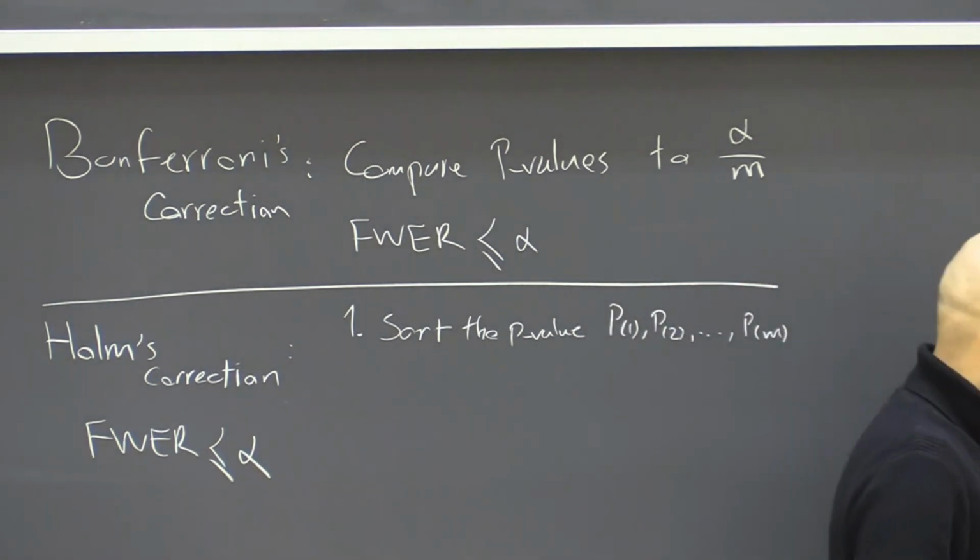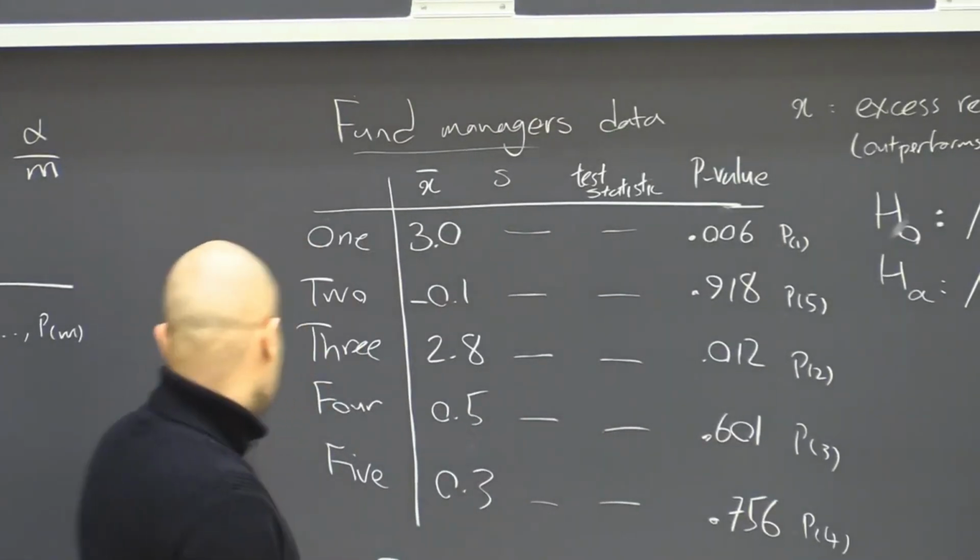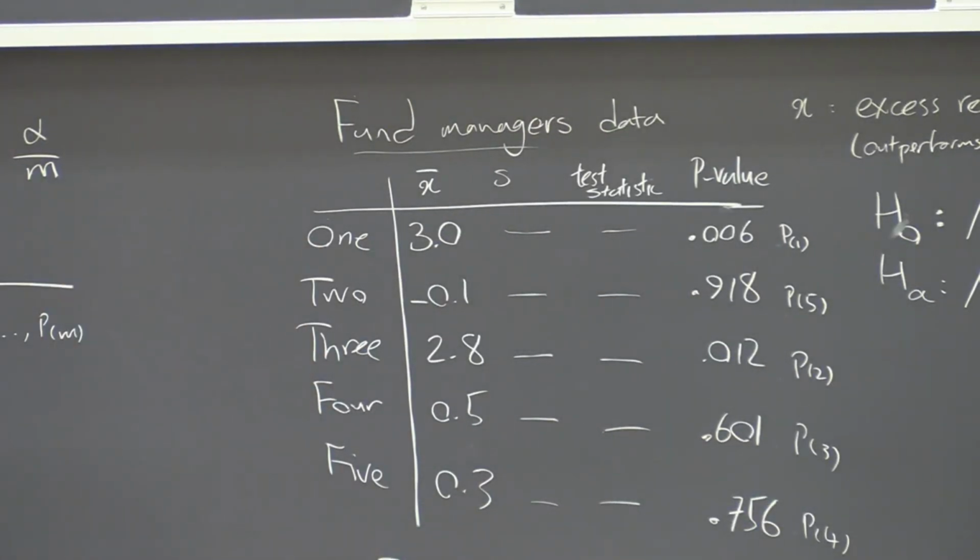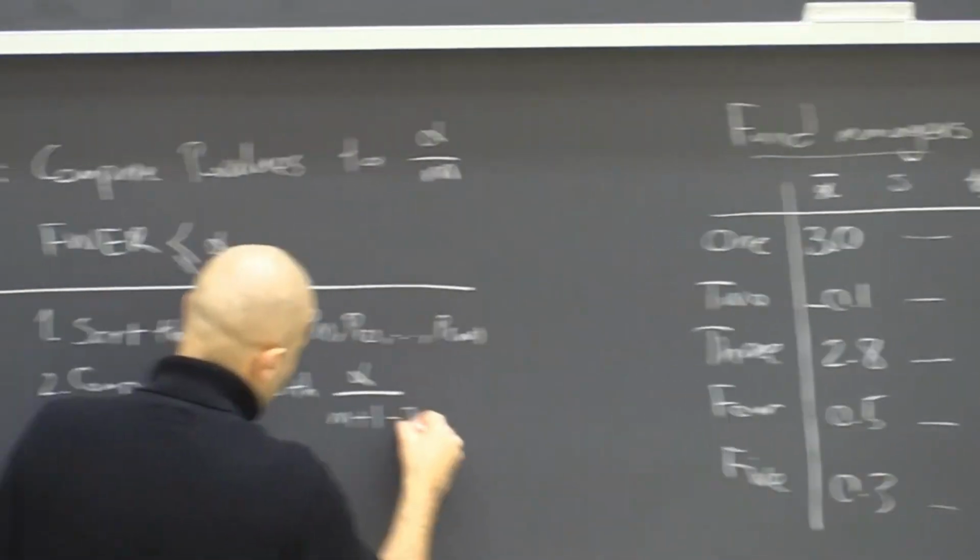We just sort these p-values in increasing order. Then we need to compare pj with alpha over m plus 1 minus j.